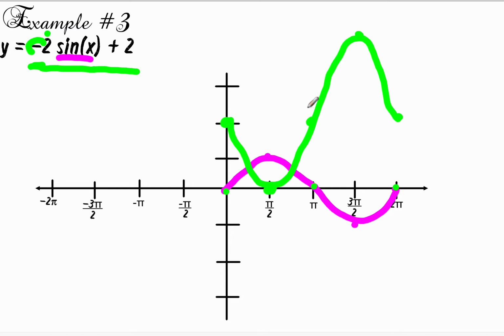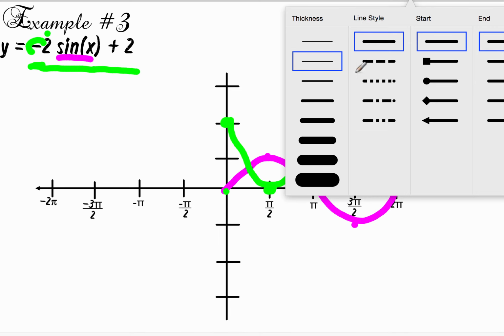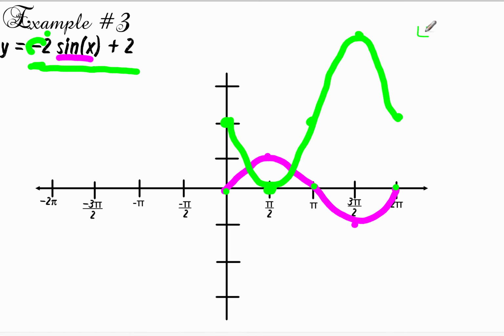It has a height, an amplitude of 2. If I take my highest point up here, which is 4, and I minus its low, 0, divide by 2, it's 2. Remember, that's in my absolute value, so my amplitude is still 2. And then everybody got shifted up, plus 2.